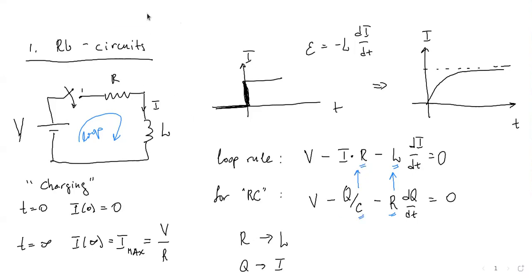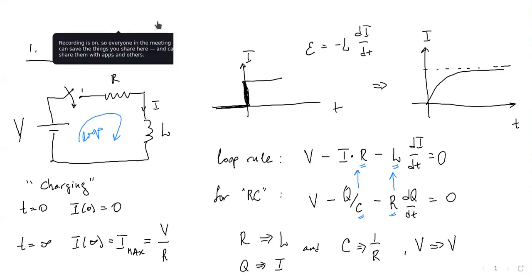So this means I have to replace capacitance with 1 over R. So this would be the substitution for me. So I can take the solution which I already know, and I'm gonna do this substitution like this. And of course, V does not change. V I replace with V, because the term is the same.